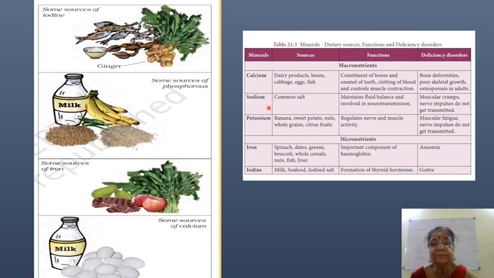So sodium வந்து நார்மலா common salt இருக்கும். Then potassium வந்து banana, sweet potato, whole grain, citrus fruit and nuts. Normally, especially old people, when they are not able to move, either accumulation of potassium ions or accumulation of sodium ions.